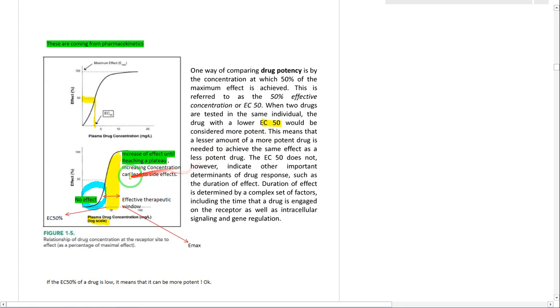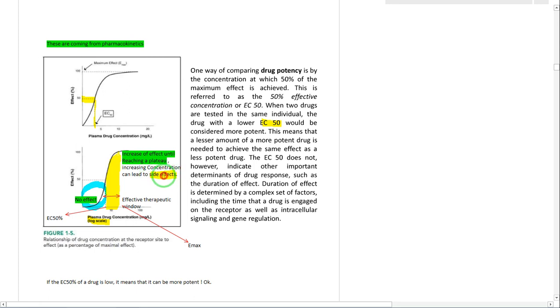The EC50 tells us that for the concentration below that we are not going to be effective, but for the concentration above that the effectiveness increases to the point that we reach the 100% effectiveness, and any increase in the drug concentration is going to lead to side effects.